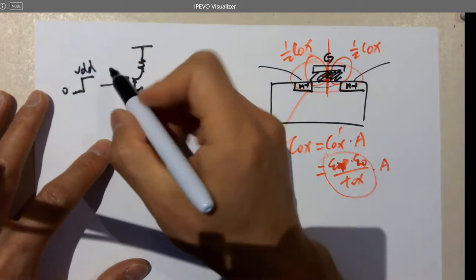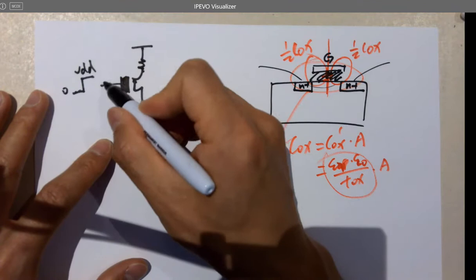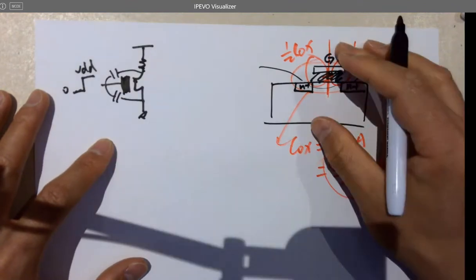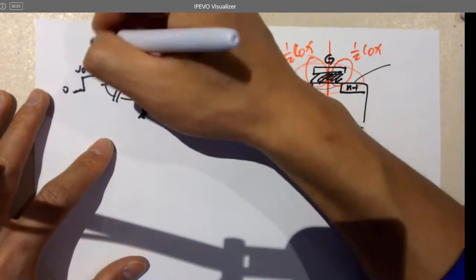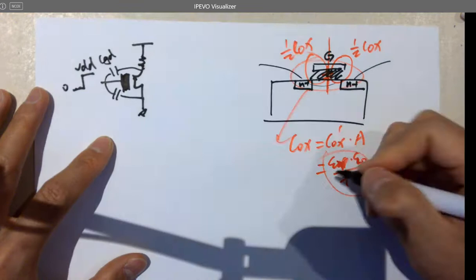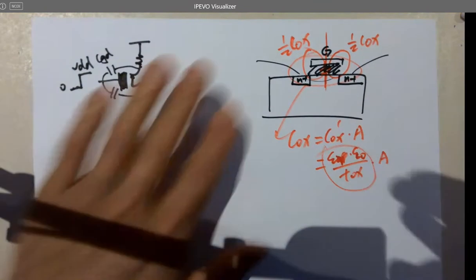So both of the capacitors are involved, one here, one here. And this is called CGD, the gate to drain capacitance.